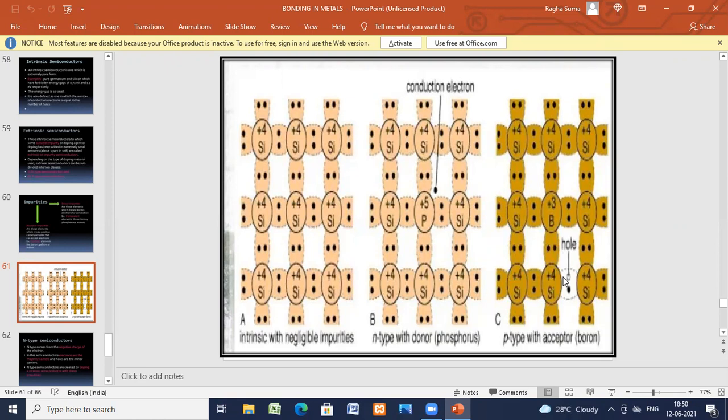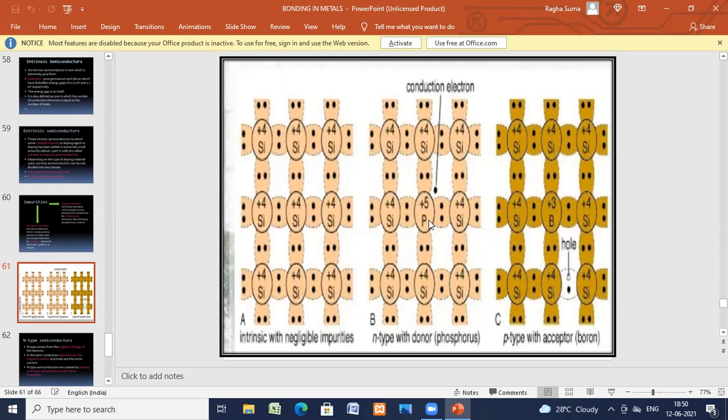Holes move in one direction and the electrons move in the opposite direction. Once the electrons are moving, that is what you call conduction.